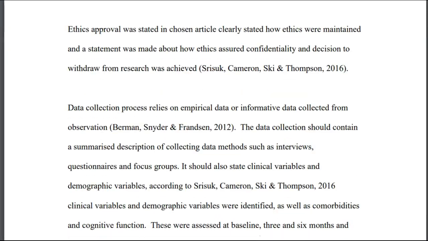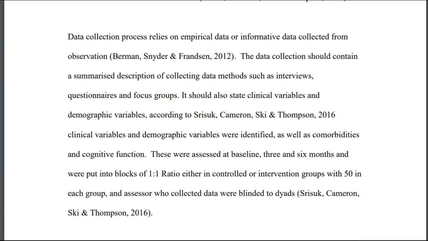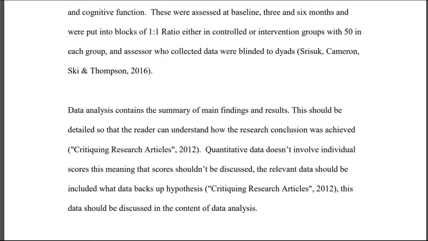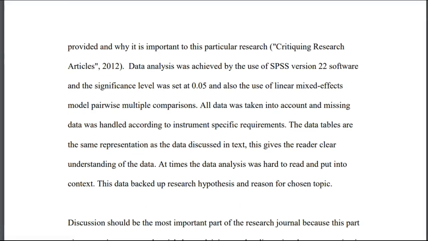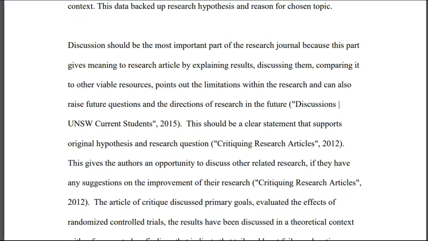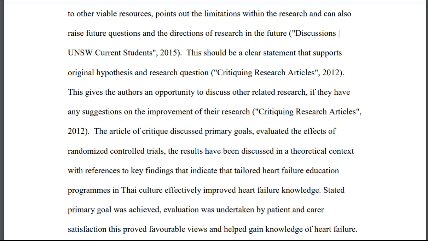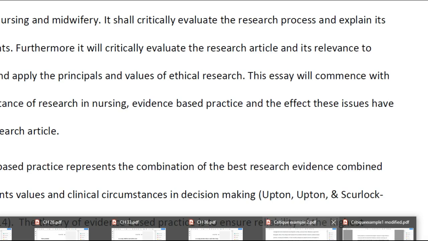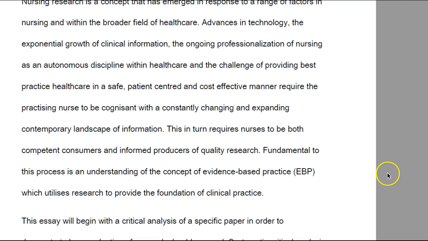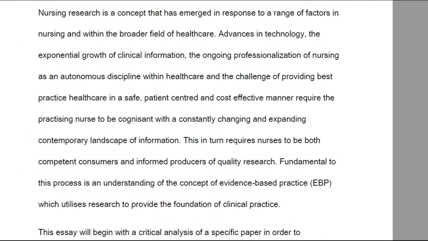So really what you're doing is demonstrating that you're driving the writing, that the writing isn't driving you. So we don't see a lot of signposting in here, because again, as I said, the writer is new to writing.